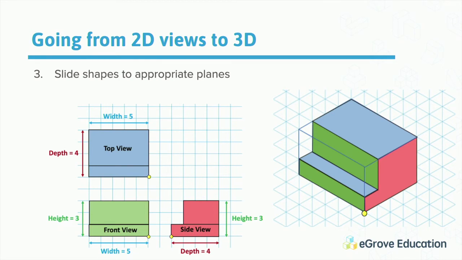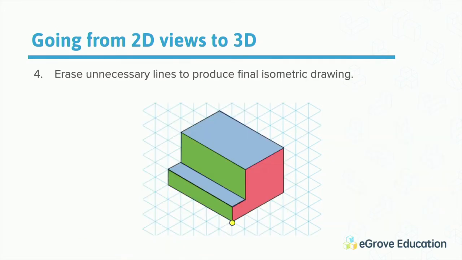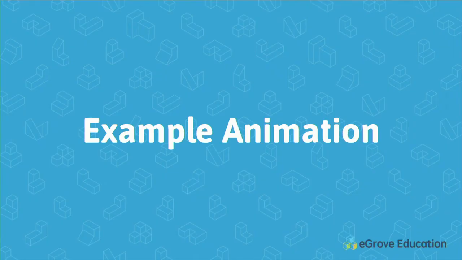This is what the appropriate planes look like. So we erase any of the unnecessary lines, like from the bounding box, that are no longer there, and that gives us the final isometric drawing. You can start off like this, creating the glass box. It's very useful. Eventually, you want to try to do things without having to do the glass box and mentally do it yourself.